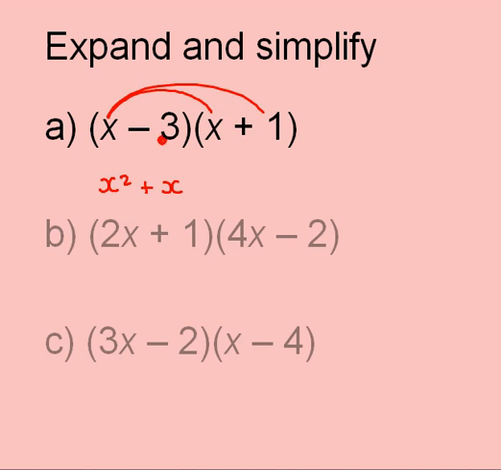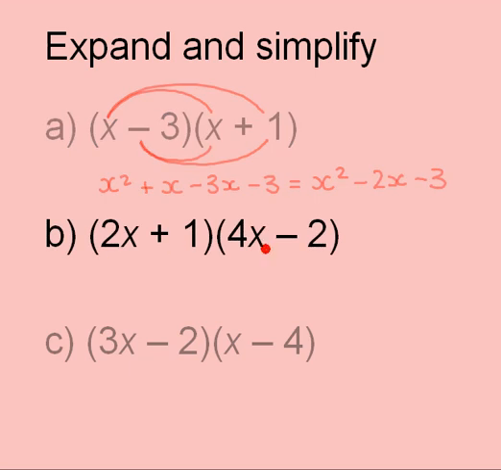This is the bit that can go wrong, so you need to be really careful. So I've got minus 3 times x, that's minus 3x, and minus 3 times plus 1, that's minus 3. So when I simplify, I've got x squared plus 1x, but minus 3x, that's minus 2x, and then minus 3 on the end.